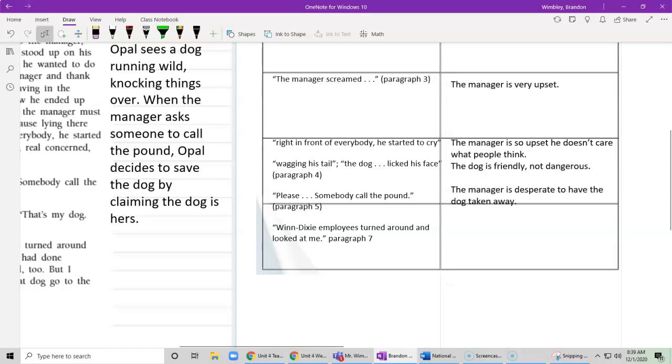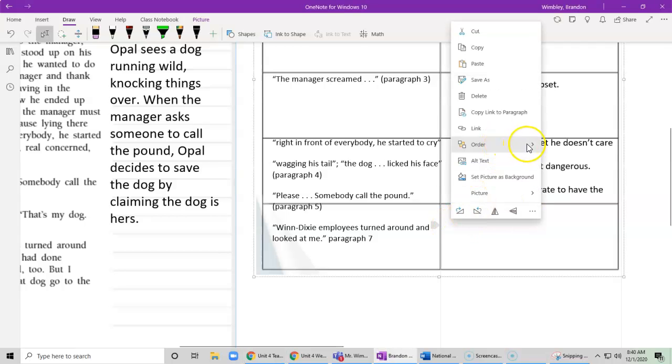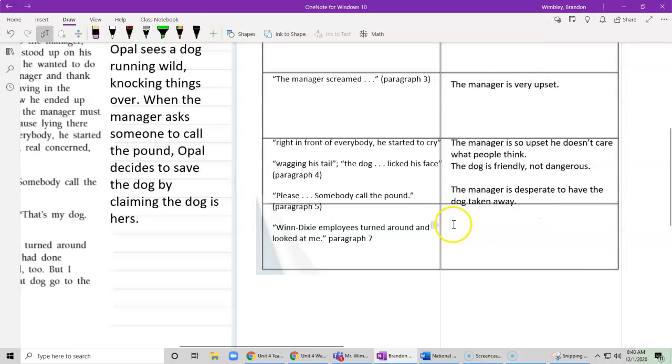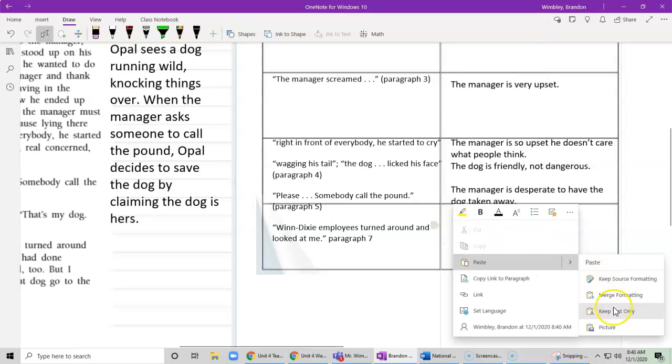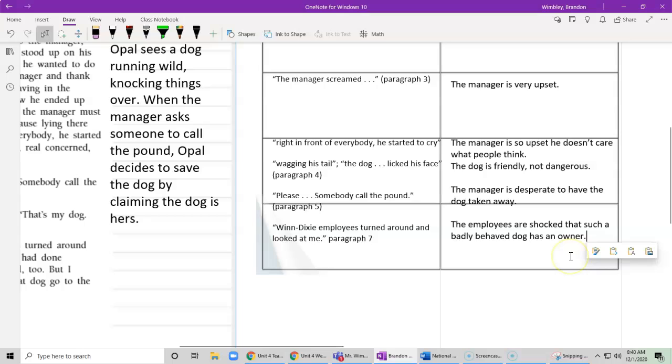Well, I'm making this inference that they're shocked at how badly behaved this dog is. Or the employees are shocked that such a badly behaved dog has an owner. They probably thought this dog was just a mutt, just a dog roaming around in the neighborhood who somehow decided to break into their store. And when they see, oh, there's an owner, they're like, whoa, I was not expecting that.